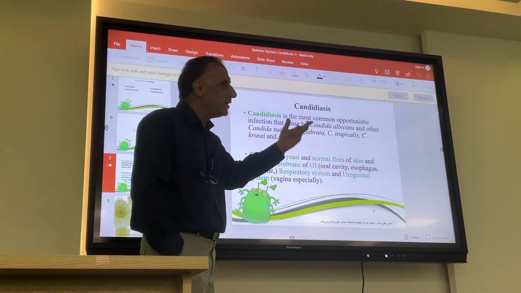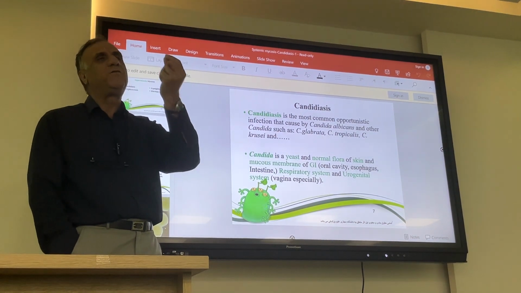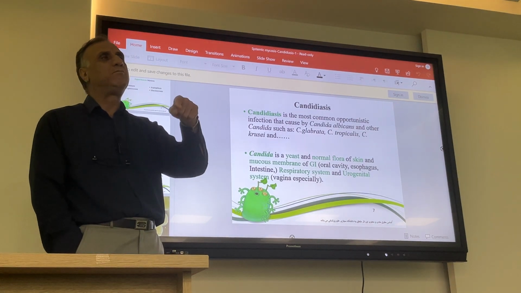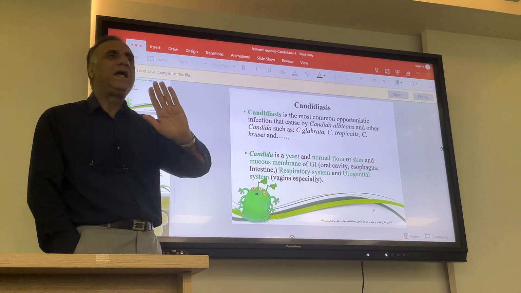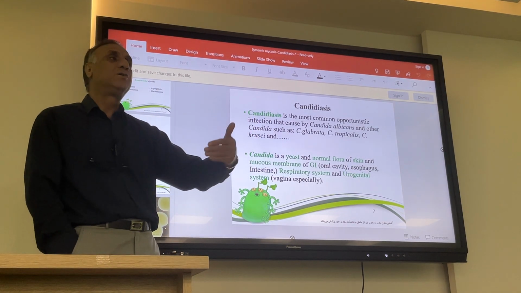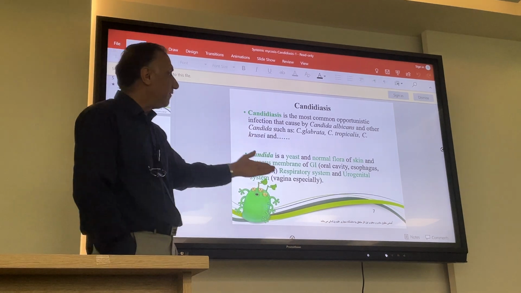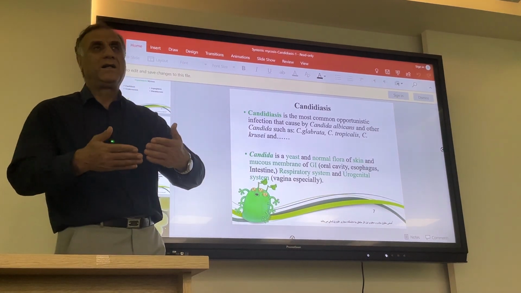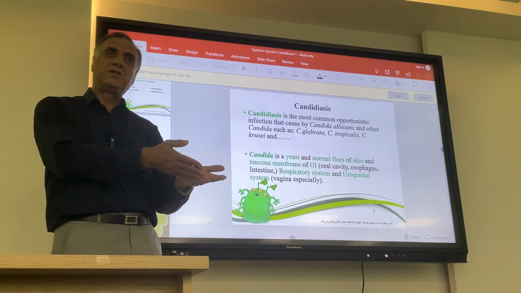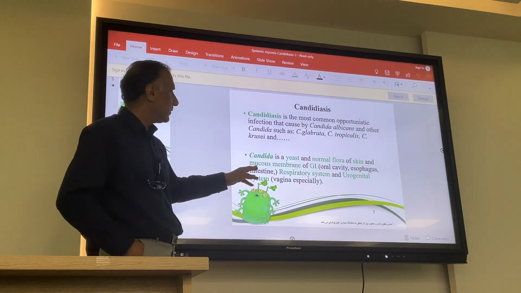Normal flora means you find a microorganism in the body in healthy condition, but it changes to pathogenic form when the body acquires immunodeficiency or weakness; it changes to pathogen.